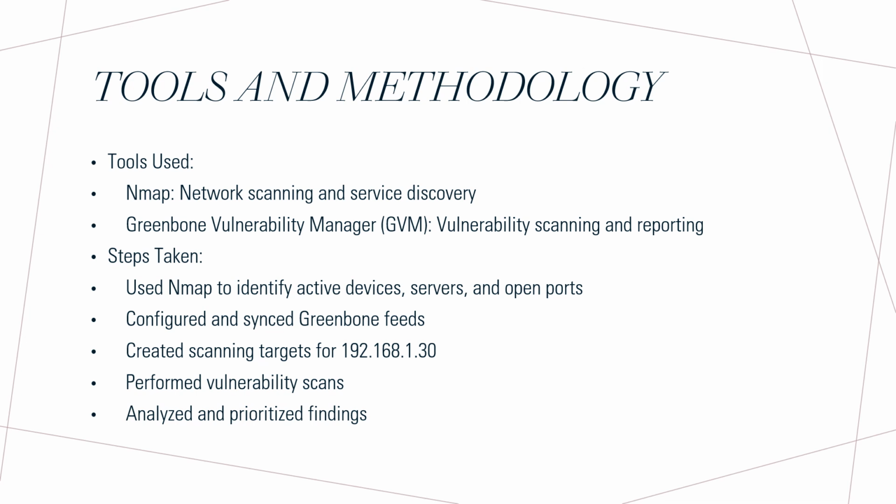Greenbone was then configured by syncing its vulnerability feeds, creating a scanning target for 192.168.1.30, and running detailed scans to uncover specific vulnerabilities. These findings were analyzed, categorized, and prioritized for remediation.